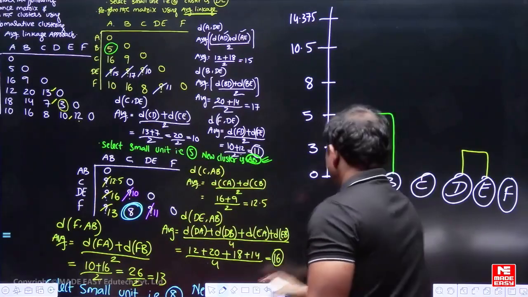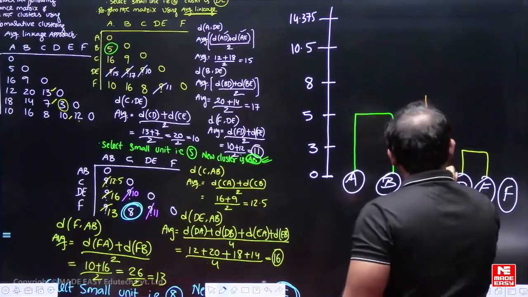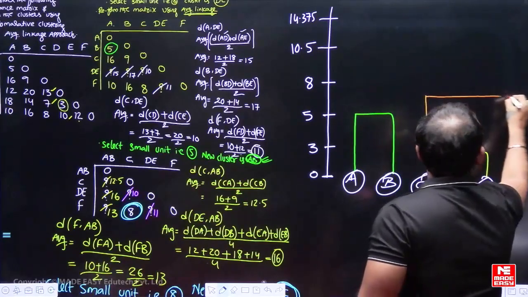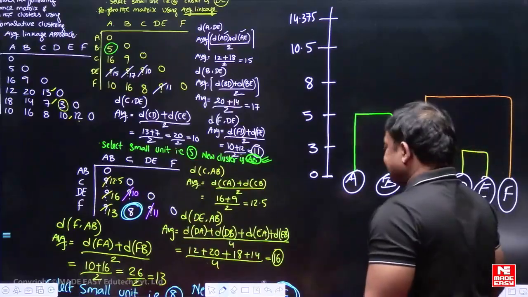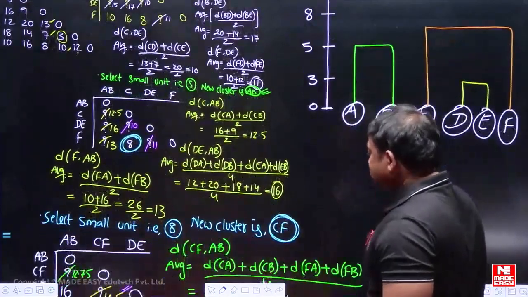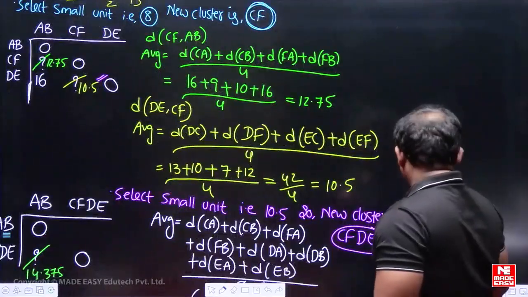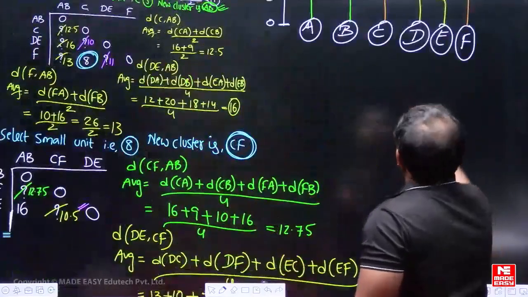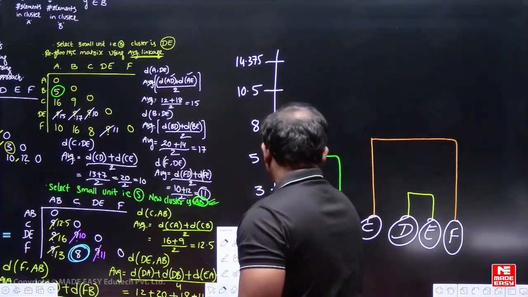This is formed. Then C and F. This is formed here. Right? And next, after C and F, CFDE, that is 10.5.